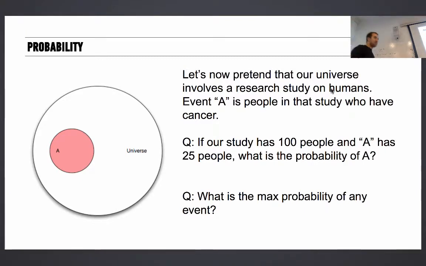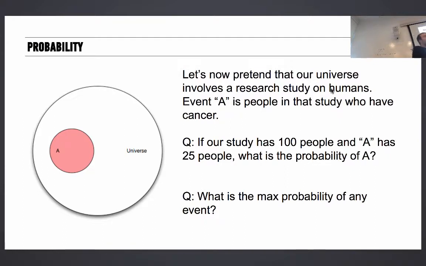Yes, next. Now pretend that our universe involves a research study on humans. So bigger jump here. Event A here is people in the study who have cancer.